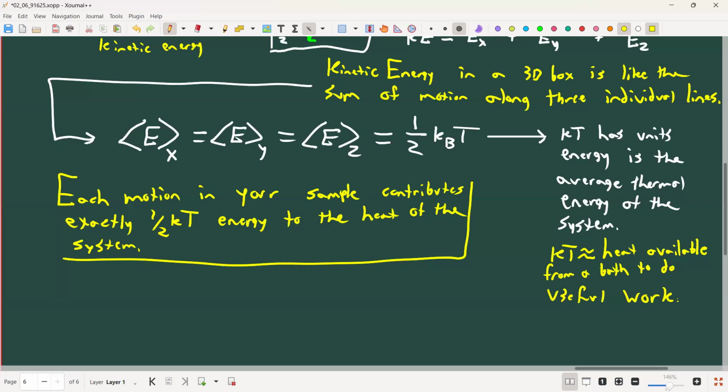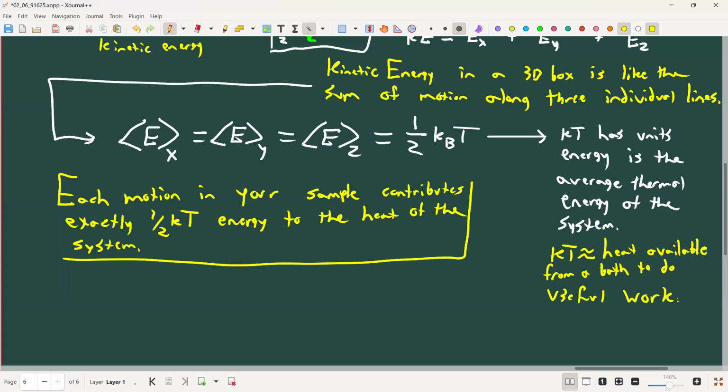And what we're going to find is that the ratio of atoms that have average energy below the barrier, the distance between the barrier and kT, ultimately determines the kinetics of the reaction. If most of your molecules have enough energy to get over that barrier and react, then the reaction is going to be very rapid.